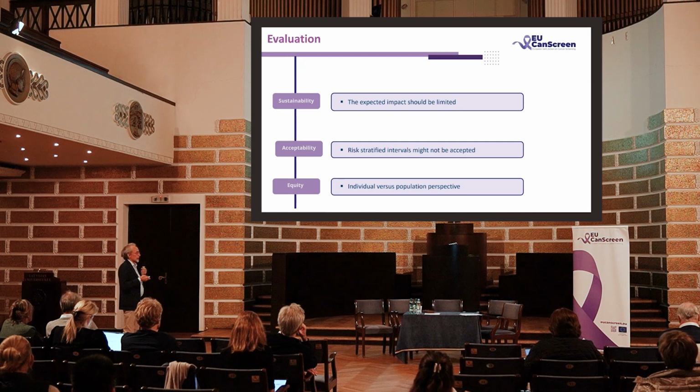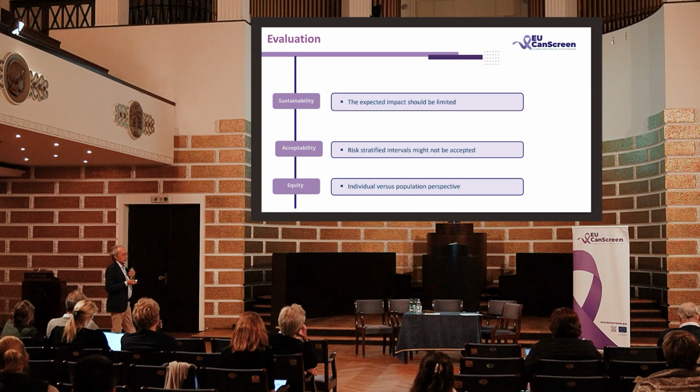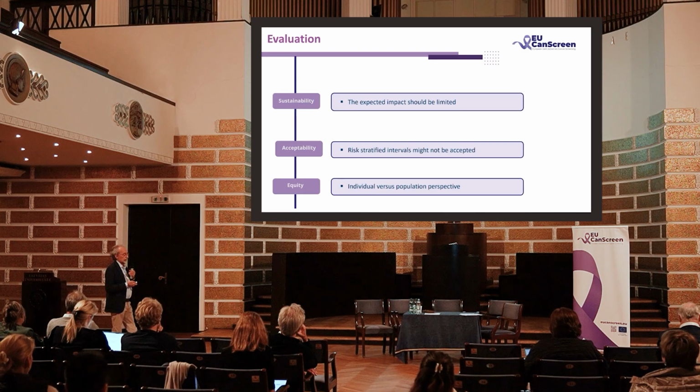Here, in terms of sustainability, the expected impact should be limited because we have already the information. This is the lower hanging apple that was presented by Iris. The risk-stratified intervals might not be accepted, particularly when the interval is longer, and it has already been shown also for other screening programs.